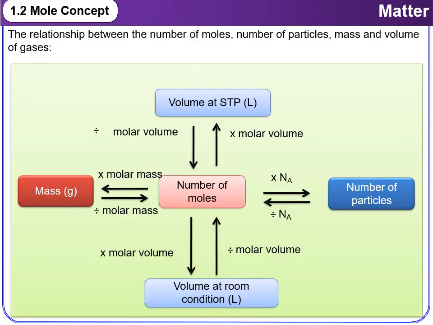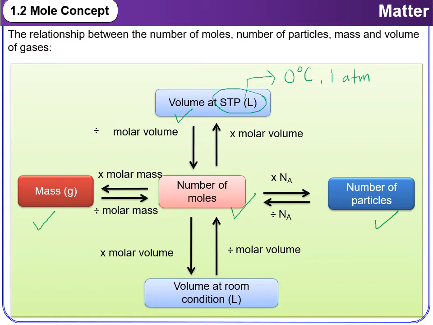You can refer to this mapping to do conversion between number of mole with mass, number of particles, and also volume. There are always two conditions when you want to determine the volume. First condition is at STP, where the temperature is 0 degrees Celsius and the pressure is 1 atm.